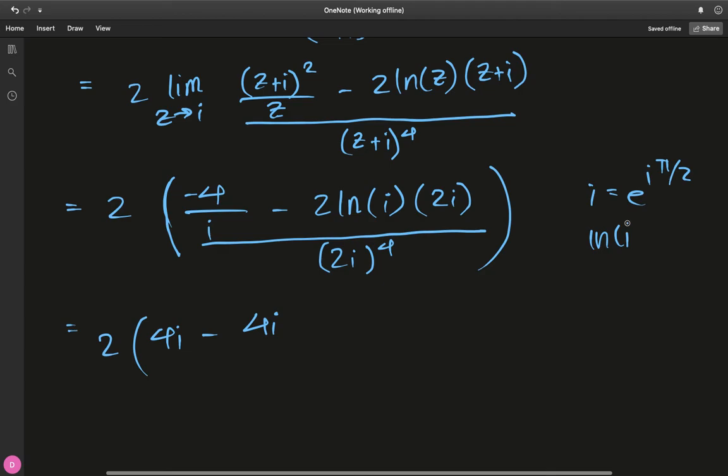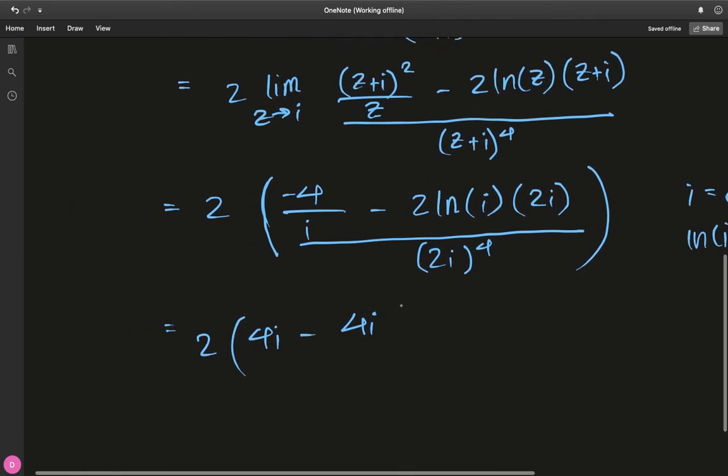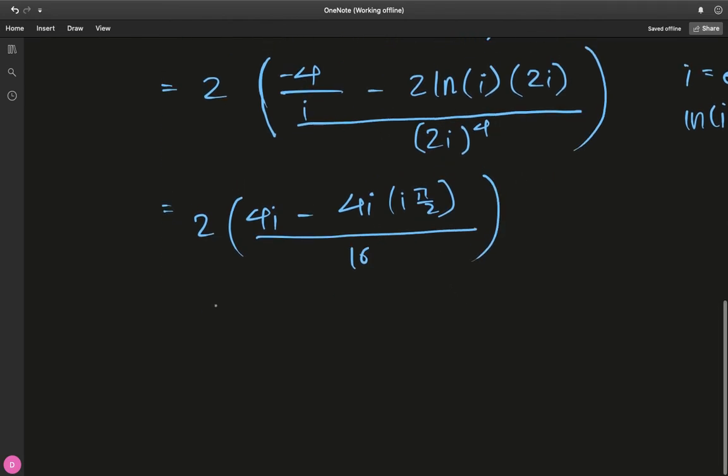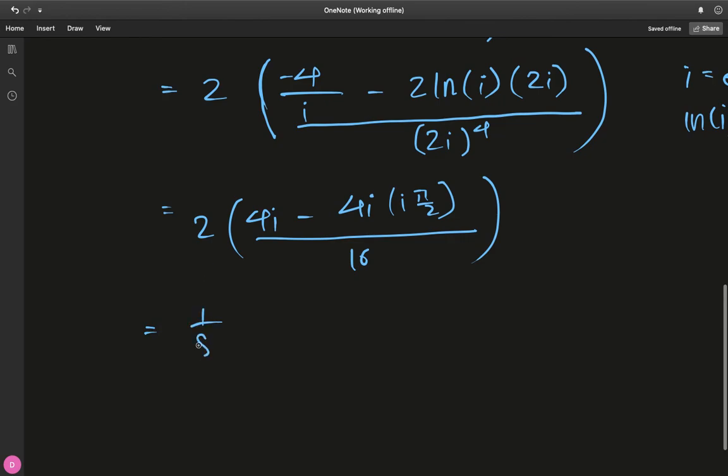So the natural log of I is just I times pi over 2. We have I times pi over 2 here. Divided by 2 to the 4th is 16. I to the 4th is 1, because I squared times I squared, minus 1 squared, is 1. So we have 1 over 8 over here.